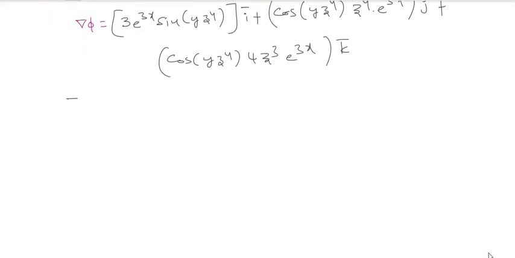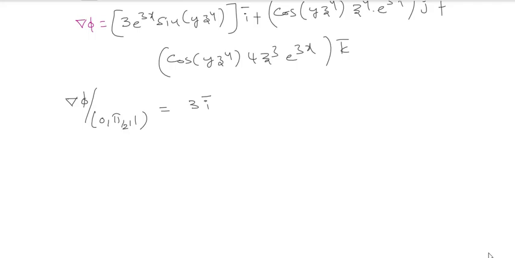So del phi at the given point (0, π/2, 1): you have to substitute it. So substitute that value, you will have 3 i bar. That's all. Remaining all will be 0. So this is your del phi.